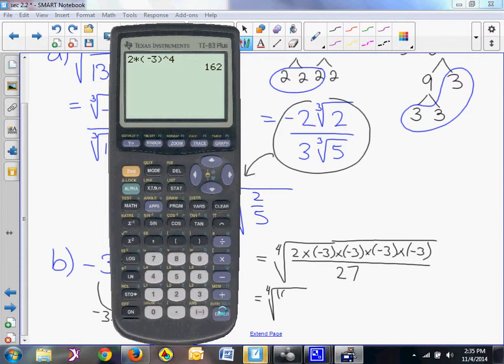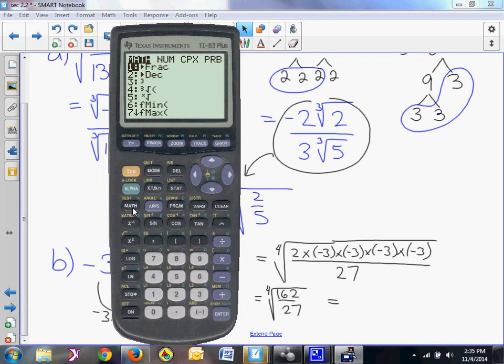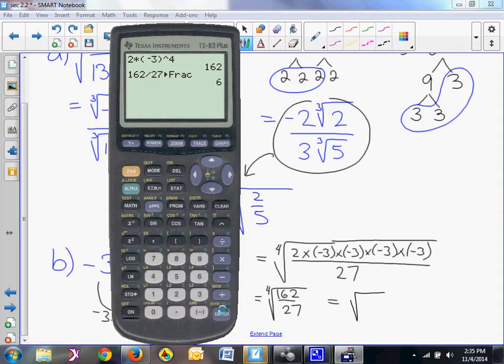So this becomes 162 over 27. So we're going to do 162 divided by 27. We get 6. Now, is that the same answer they got? Okay. It is, but it isn't. So I've made a bit of a mistake.